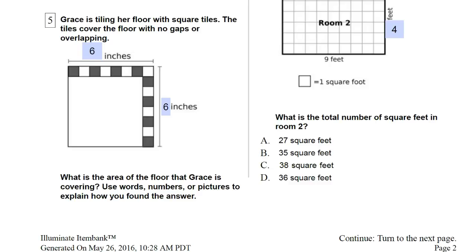The area again is length times width, right? So what's 6 times 6? 36, so that's the area. Now it says use words, numbers, or pictures to explain how you found the answer. Well, right there. I just said it. I multiplied the length times the width to get the area.